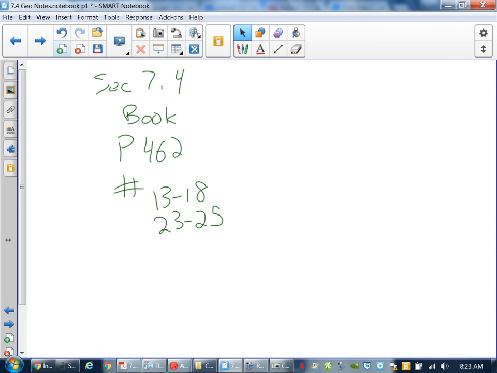Let's do 13 through 18, and then 23 through 25. It's exactly the same thing that you've been doing for the past couple of days. There are a couple of them that are composite, where you're going to do multiple triangles, and go from there.